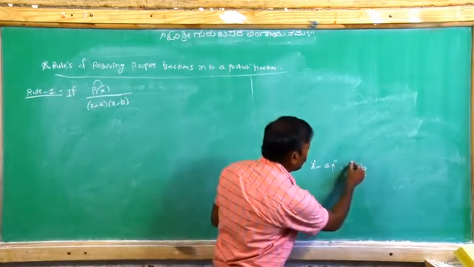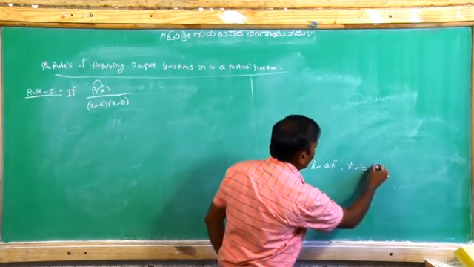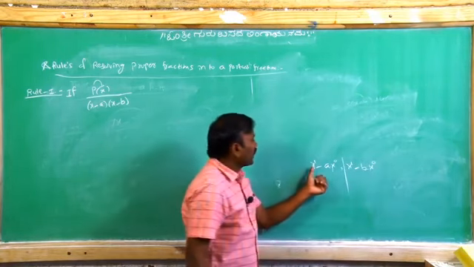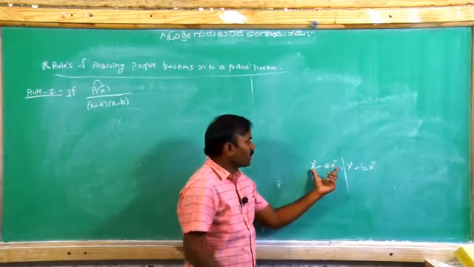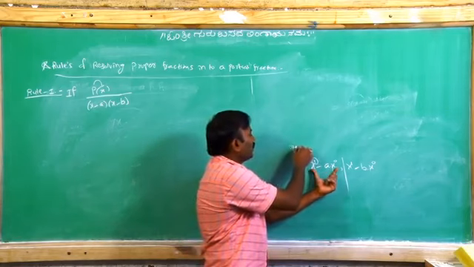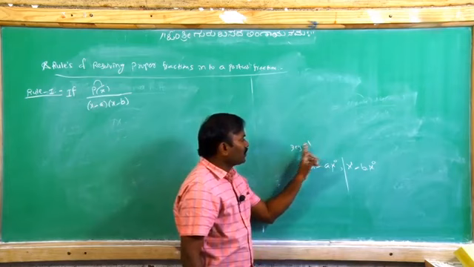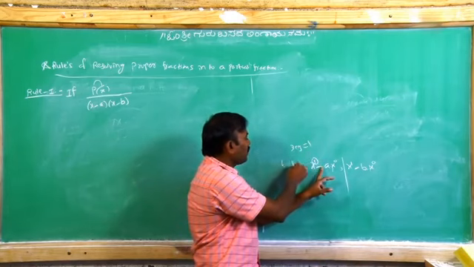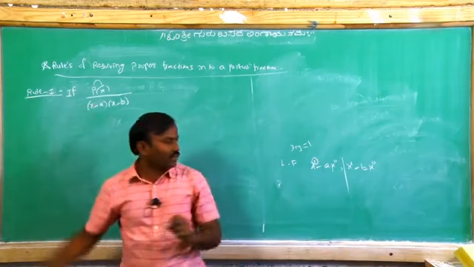Next, b into 1, where 1 is written as x to the power 0. In x power 1 minus a into x power 0, the highest power of x is 1, so the degree of this factor is 1. A first degree factor is called a linear factor. Means x minus a is called a linear factor.